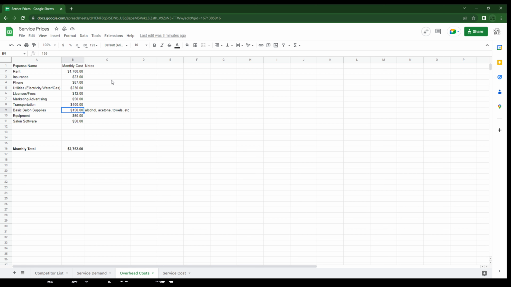At the end of the day, you're going to need to do some monthly ordering for supplies. And depending on how familiar you are with what those monthly expenditures are going to be, you could even expand slightly more consumable things like nail files. If you're buying your nail files in bulk and you know that many nail files covers you for the entire month, you could even add this on as a basic salon supply expense.